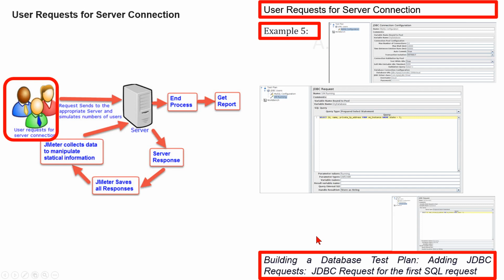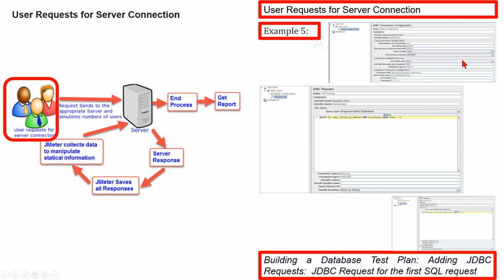Here you will specify the JDBC requests to perform. Begin by selecting the JDBC users element. Click your right mouse button to get the add menu and then select add, then config element, then JDBC configuration, then select this new element to view its control panel. You can see the figure here.